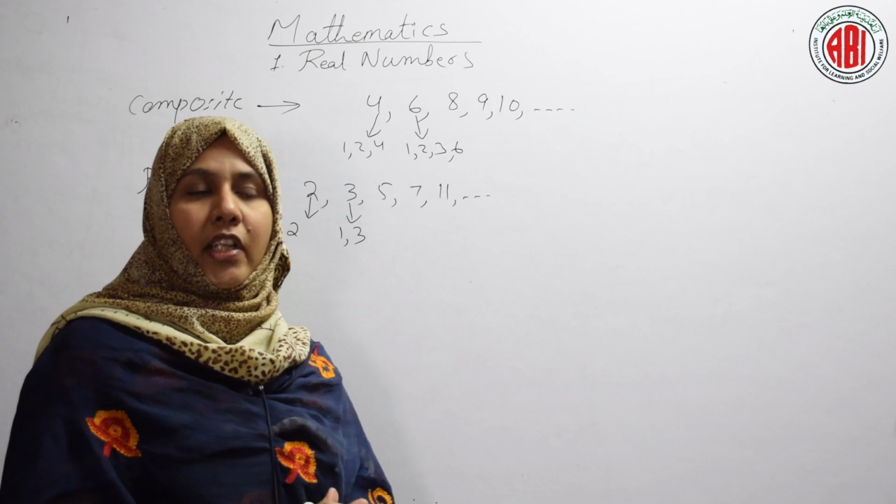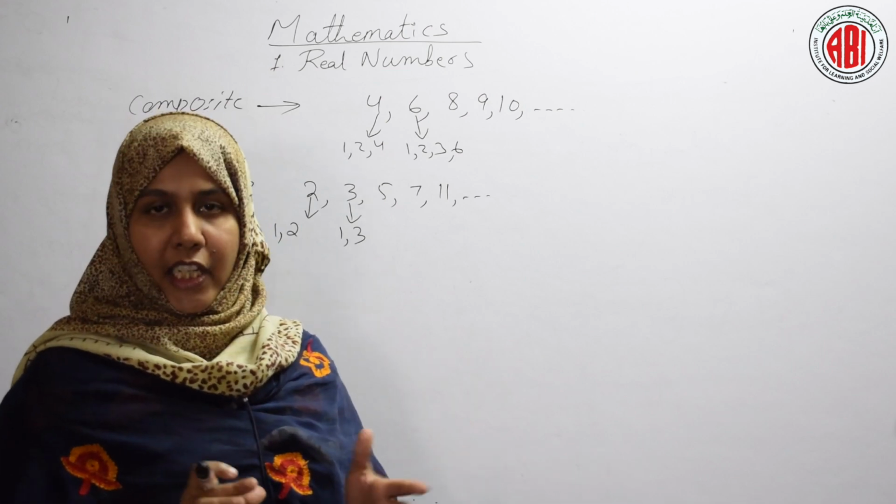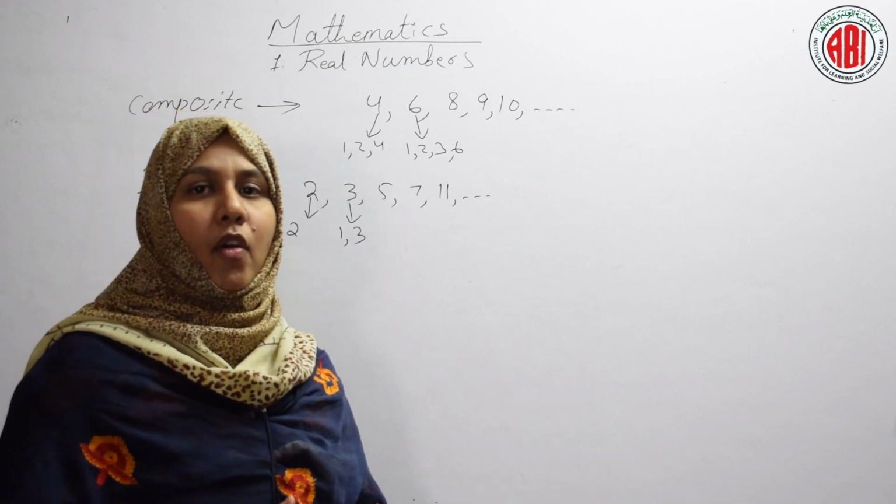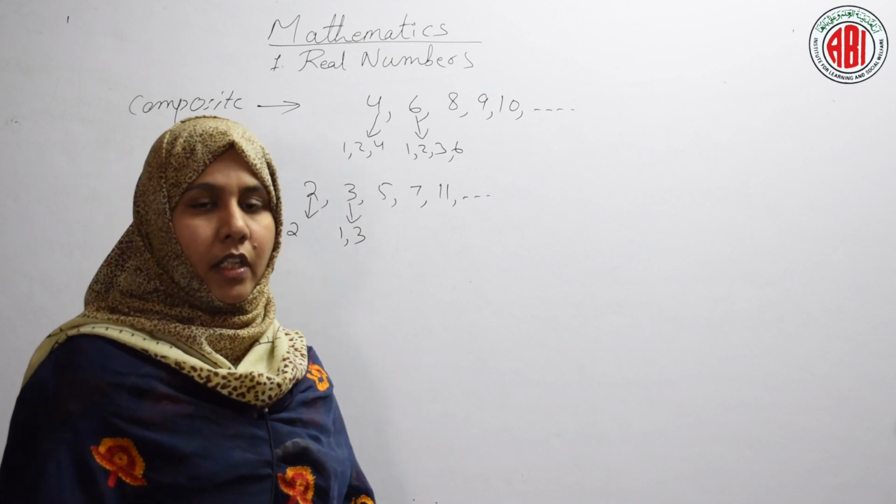Suppose the question is given in the form of a mathematical expression, how do we prove that it is a composite number or a prime number? So, we have a question.